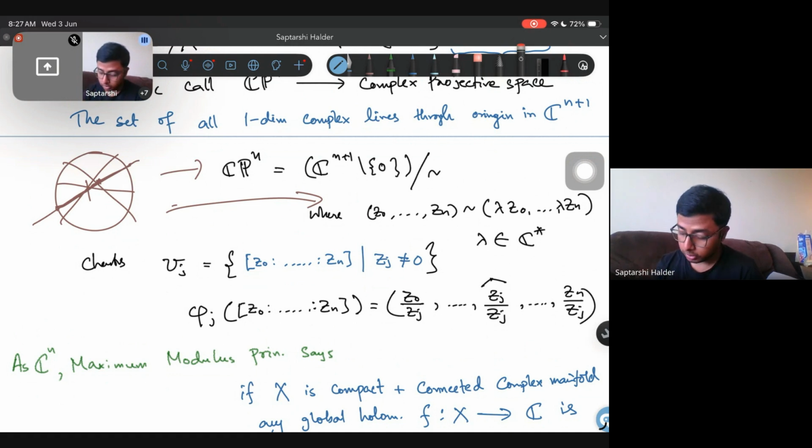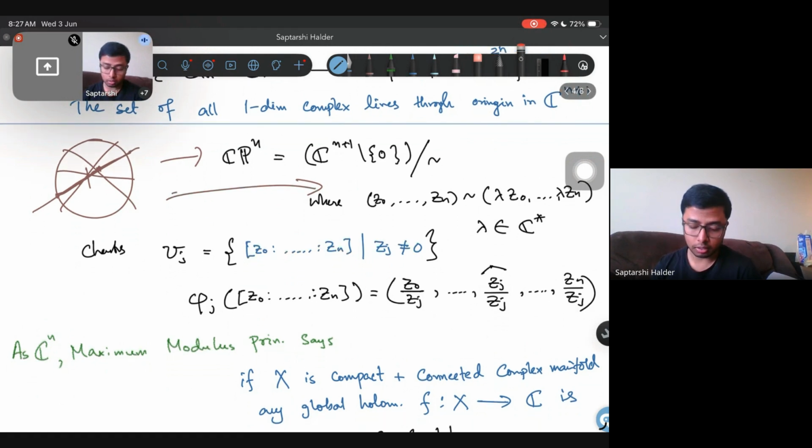Okay, we can define it. What this hat means is that this coordinate is not there. So this is the function. This is what makes the whole CPn a complex manifold.